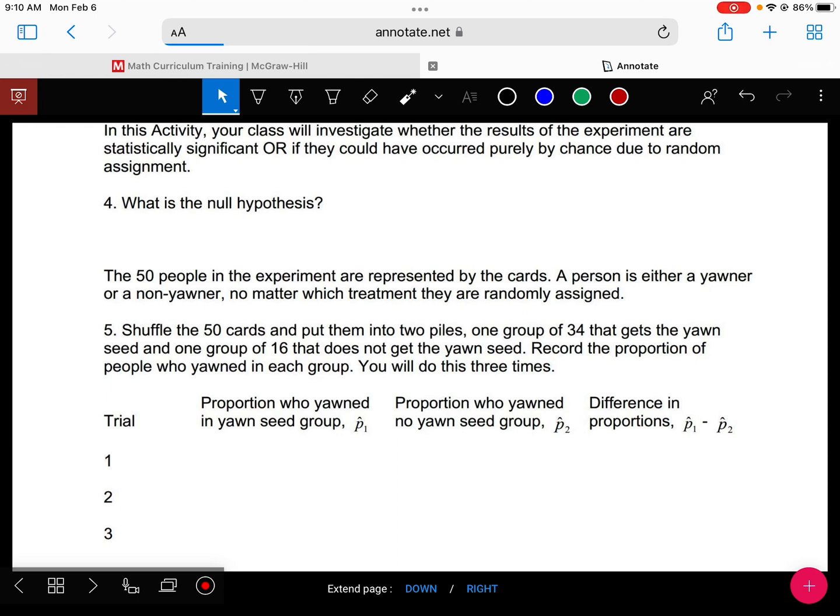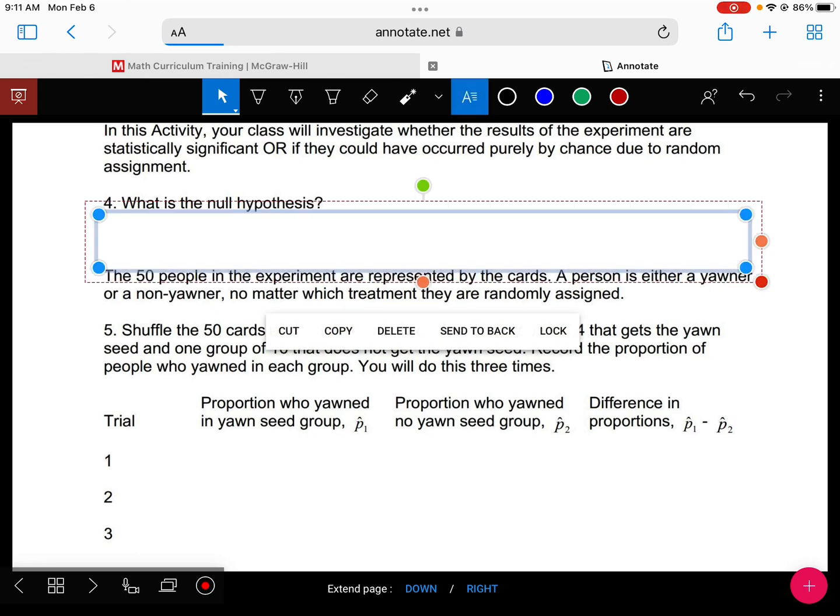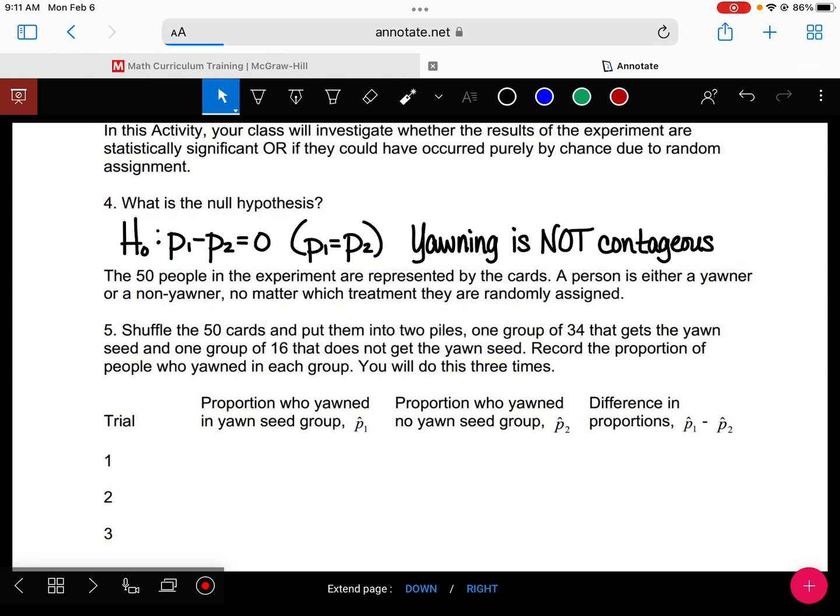I'm yawning, talking about yawning. If this just happened by chance, what would be the difference in proportions between these two groups? 0. So our null hypothesis is that when I subtract these two proportions, it's going to come out to be 0. Null hypothesis, yawning is not contagious.